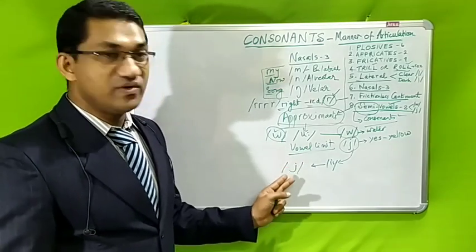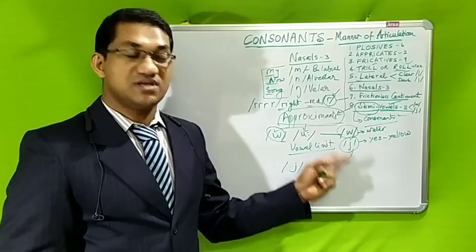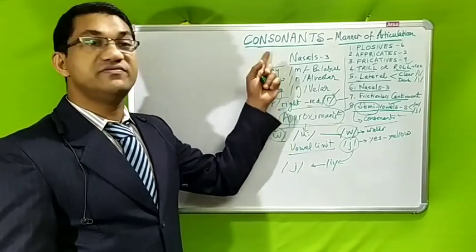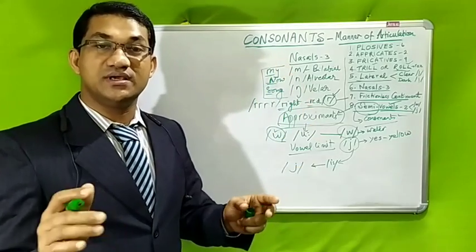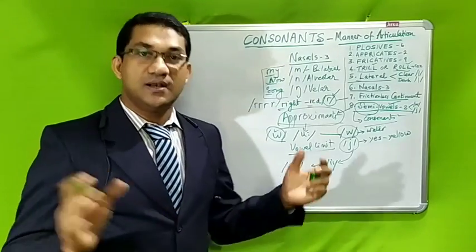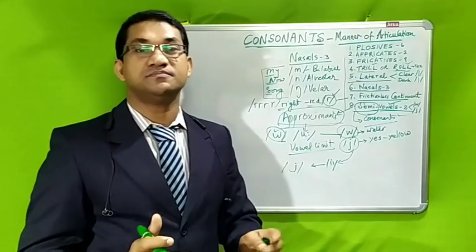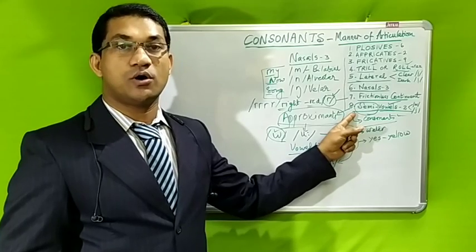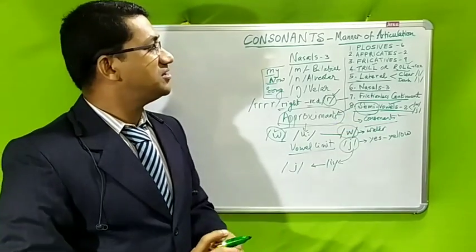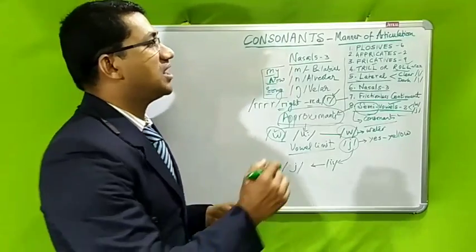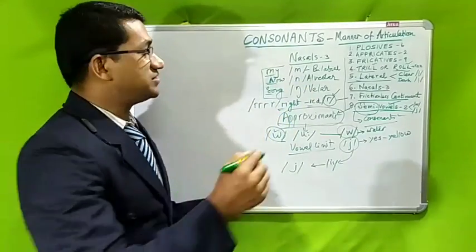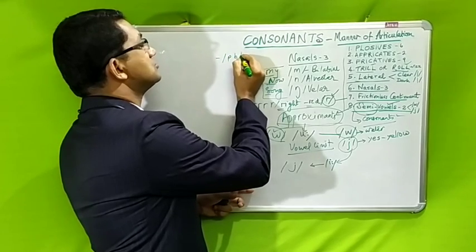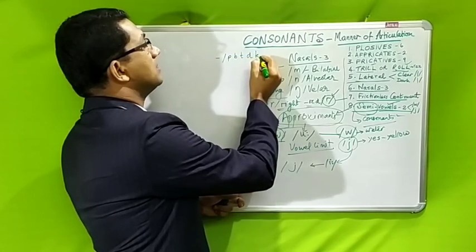Now we have studied the approximants or the semivowels, and with that we can come to the end of our discussion of the classification of consonants based on the manner of articulation. Let us just consolidate and conclude everything. We have 8 categories of consonants based on the manner of articulation. First we have the plosive sounds, and we have 6 plosive sounds in English, and they are p, b, t, d, k, and g.